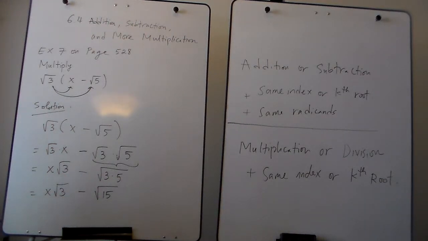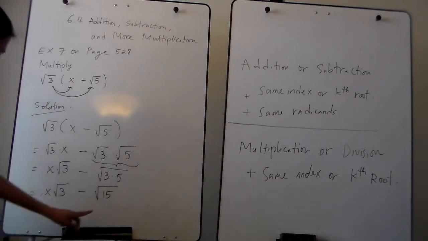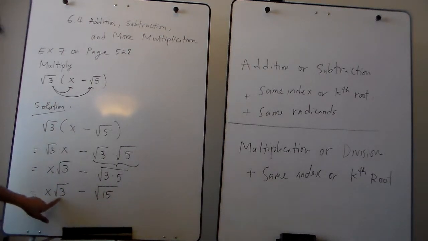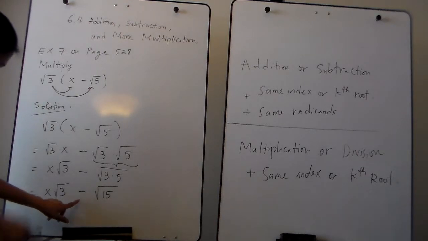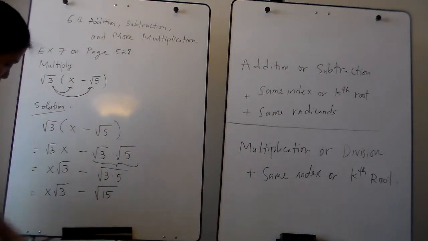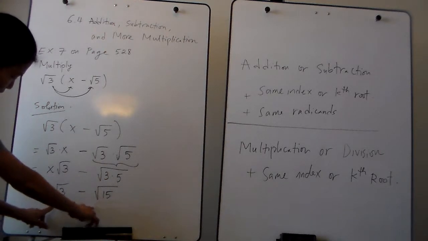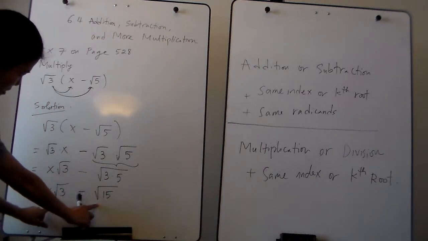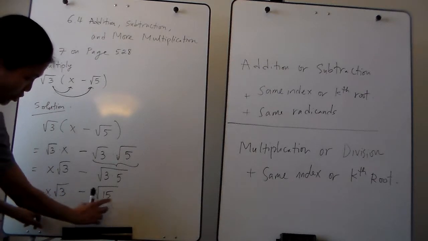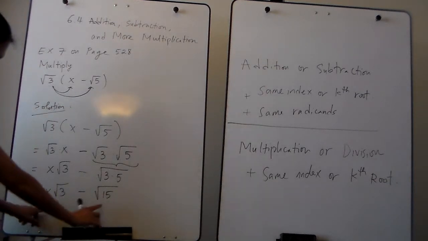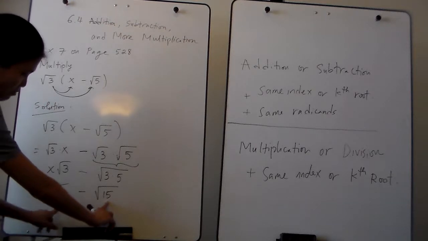There's no way to write this 15 in terms of the radical 3. Remember, when you subtract two radicals, you need the same kth root, and even though both have square roots, there's no way you can turn this radical 15 into the same radical as this one, which is 3.